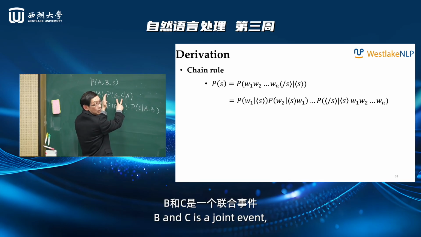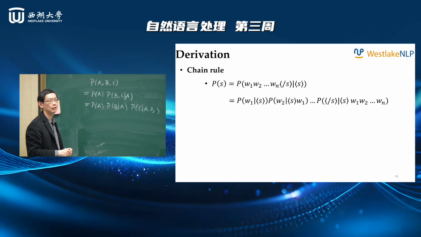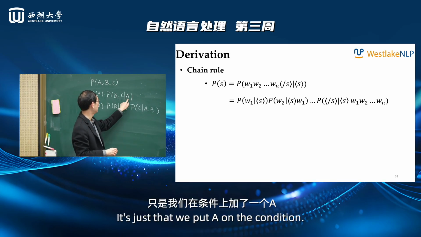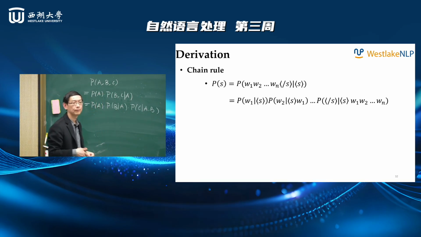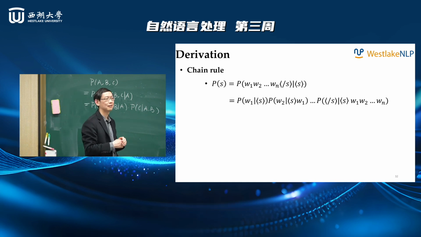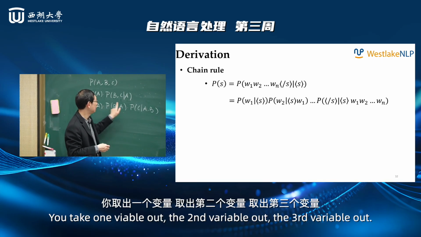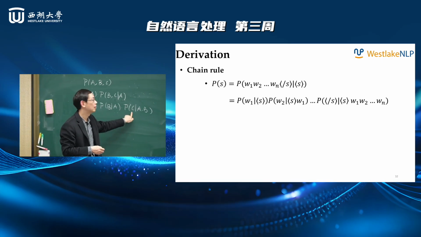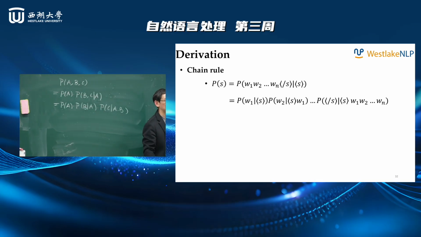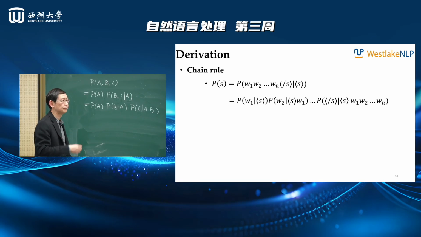B and C is a joint event, so the joint probability is equal to the B probability times the C given B probability. Again, this is conditional probability, it's just that we put A in the condition. So you can do this continuously. You take one variable out, the second variable out, the third variable out, and then you end up with something like this. So this is called the probability chain rule.